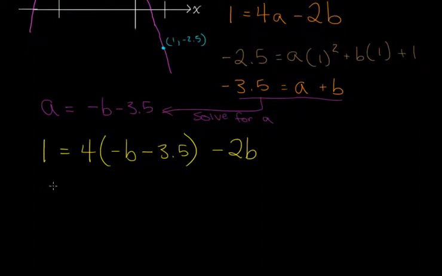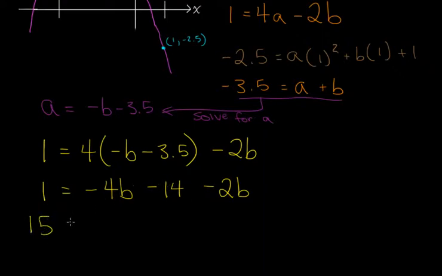Distribute the 4, and you get 1 is equal to negative 4b minus 14, minus 2b. Then add 14 to both sides, and you get 15 is equal to negative 6b.